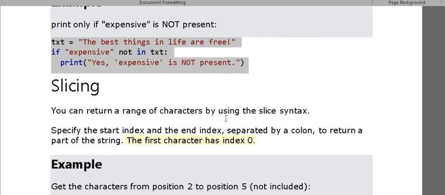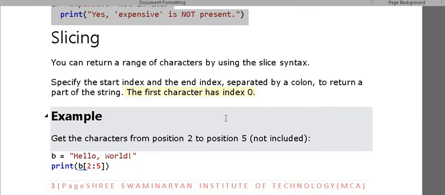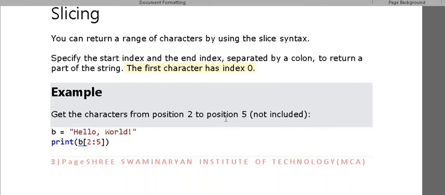Next, slicing. Now, what do you mean by slicing? You know that the first character has index 0.